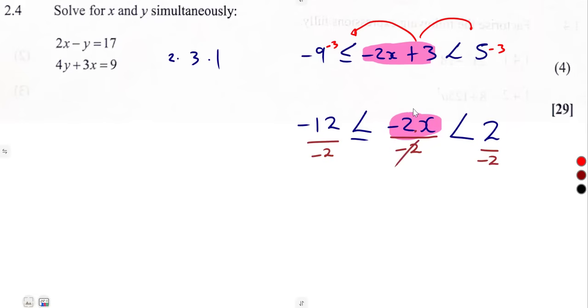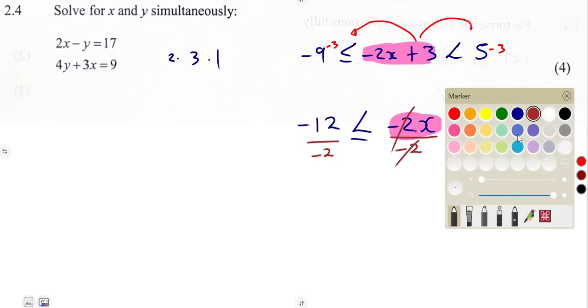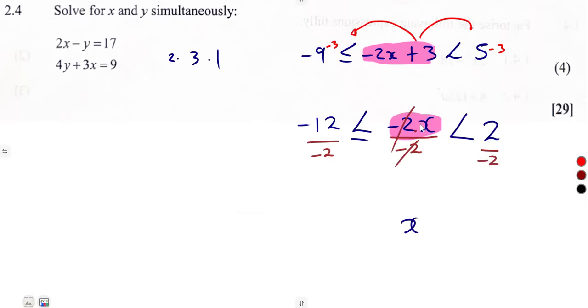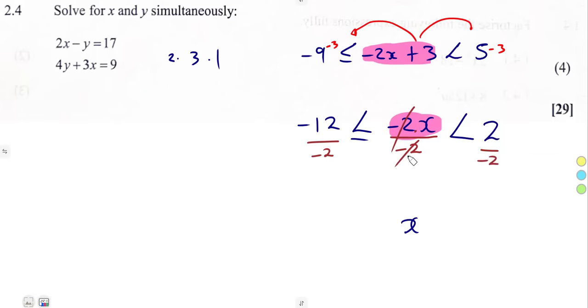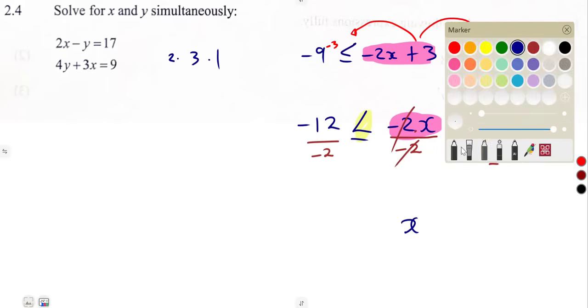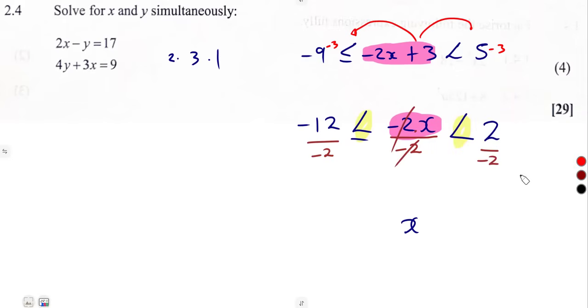But knowing that the moment you apply a division by a negative like this, the inequality signs reverse. These inequality signs are affected by what? Dividing or multiplying by a negative. So meaning to say, the sign has to reverse. So it's going to be facing this side like this.